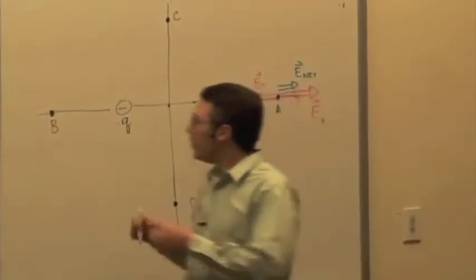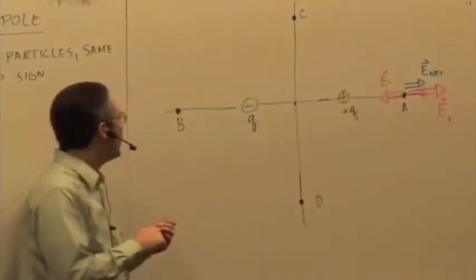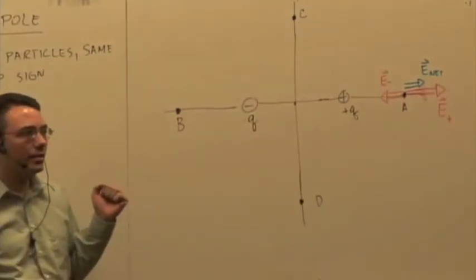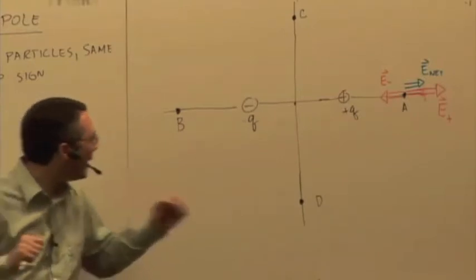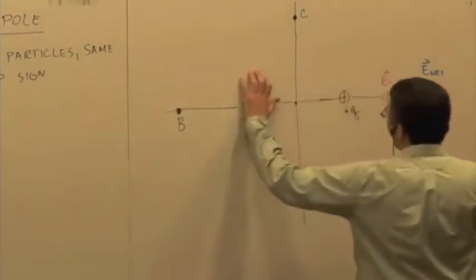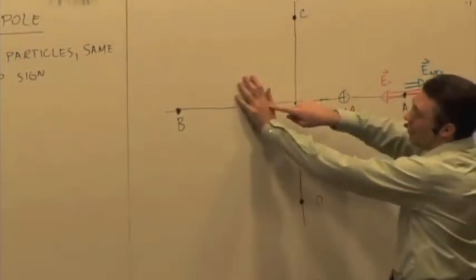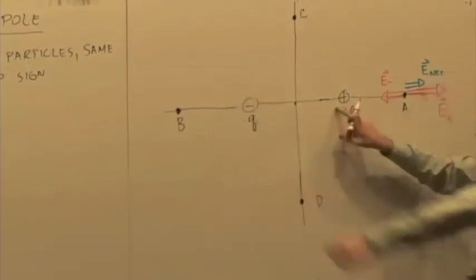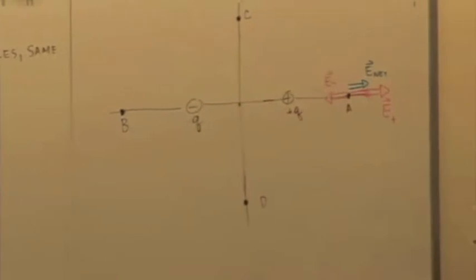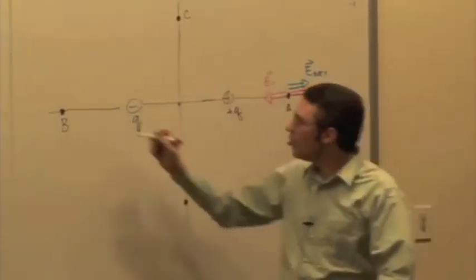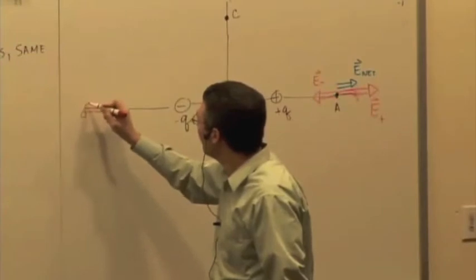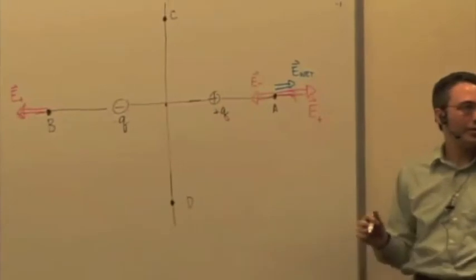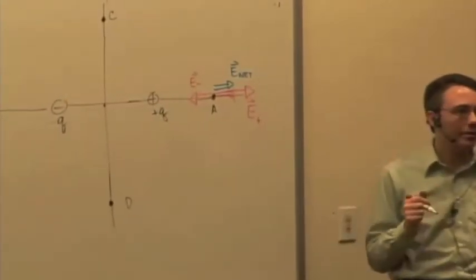Let's look at the other side. Location B. We have two field contributions again. E plus is pointing, okay, ignore the negative charge, and notice that it doesn't matter that the negative charge is sort of in the way here. We can just treat it like it isn't there and think about the field just due to this positive charge. The field just due to that positive charge points away from it, to the left. The field due to the negative charge points to the right. Which is bigger?